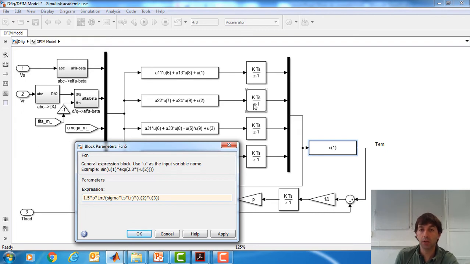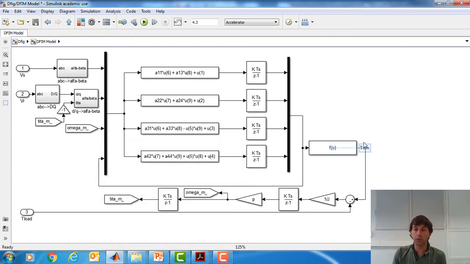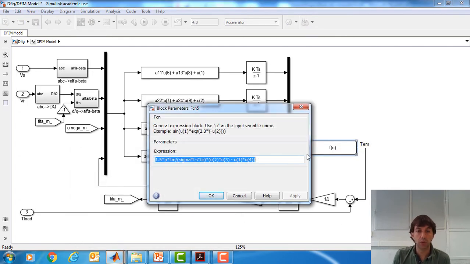That will be beta stator alpha rotor, always cross, and then minus U1 alpha stator multiplied by U4 beta rotor. Okay, so that will be the torque in this equation. Yes, I think it's correct.